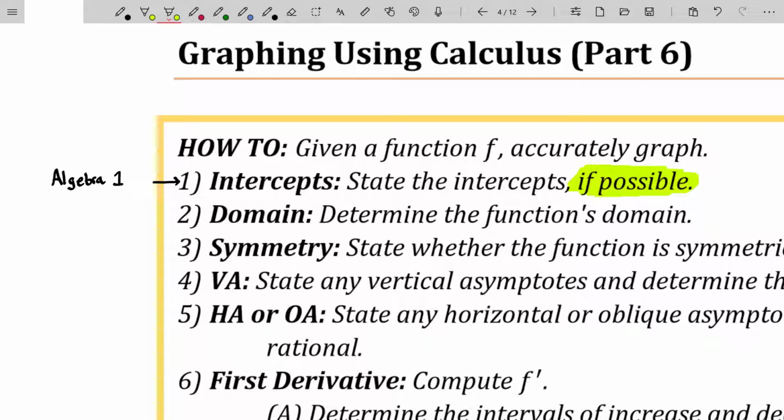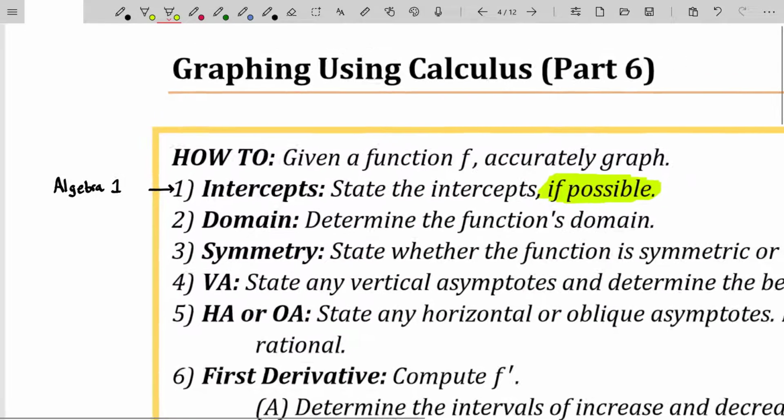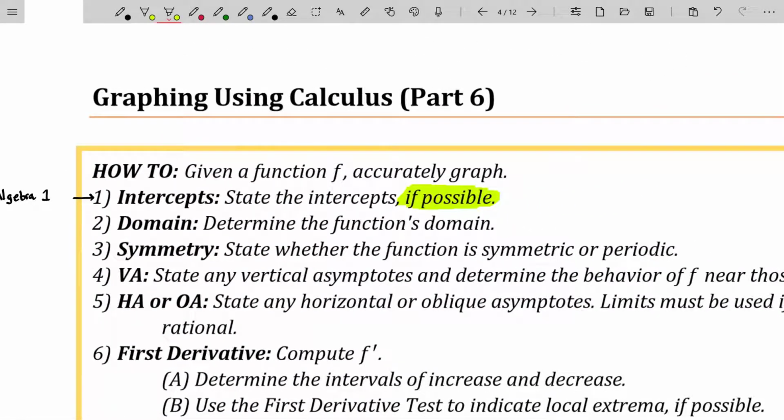If they do give you a problem where the x-intercepts are nigh on impossible to find, in other words, if it requires you solving something like, remember, you find x-intercepts by letting y equal 0. So if your function is something like x squared plus e to the x minus the natural log of x, or some silliness like that, and you set it equal to 0 to find the x-intercepts, you're not going to be able to find that by hand.